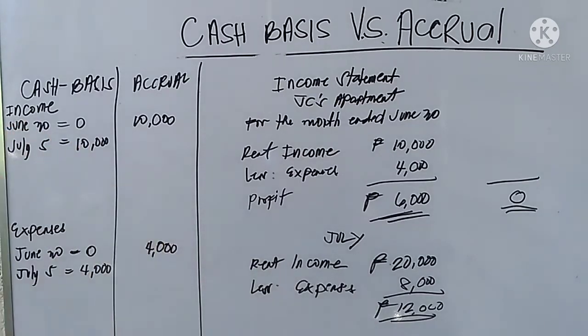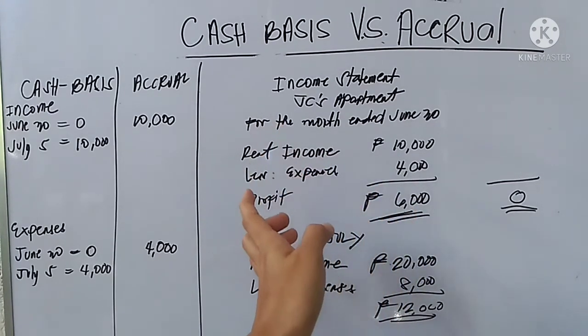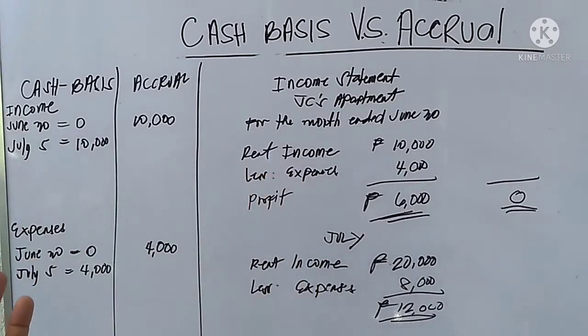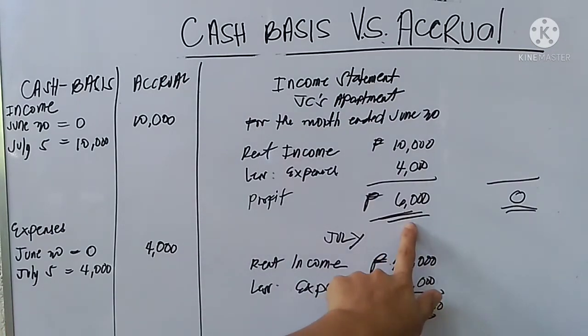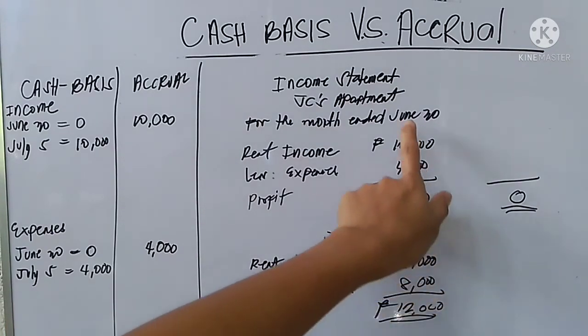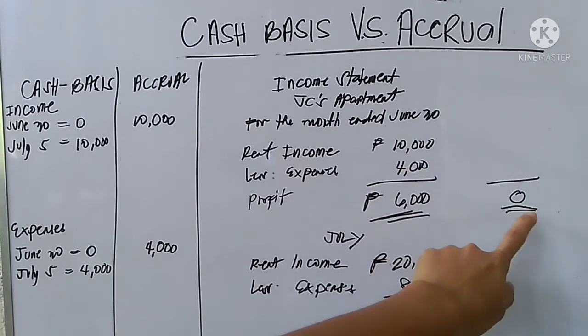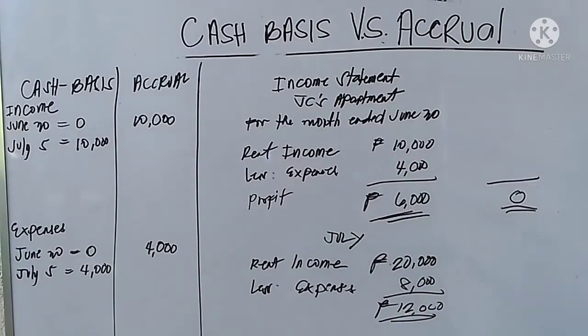Tapos yung expense na nare-recognize mo dito is yun talaga yung expense mo for the month of June. Kasi that is June 1 to 30 na pagtatrabaho ni caretaker sa'yo. So, nakikita talaga natin na meron tayong profit for the month of June 30. While kapag cash basis ka, hindi mo nakikita yung totoong result for that month.